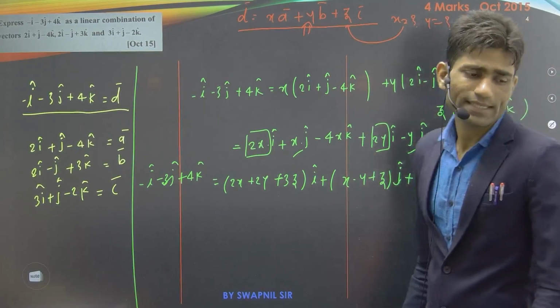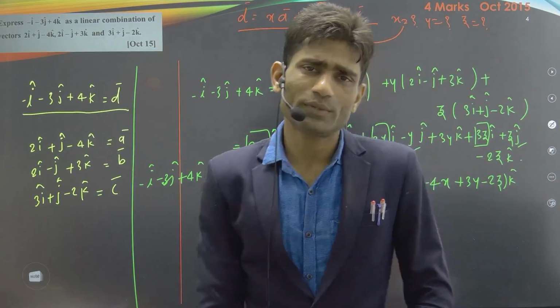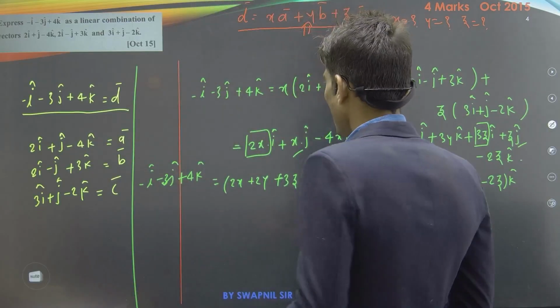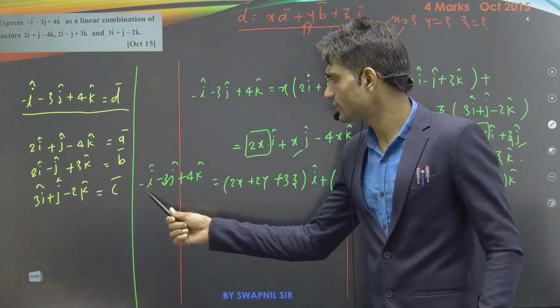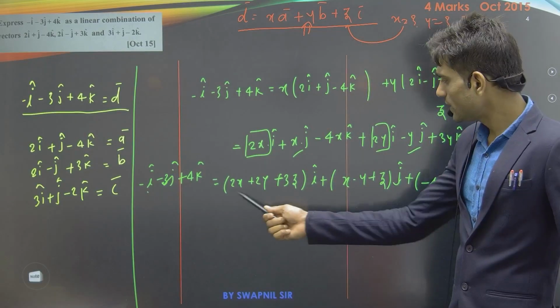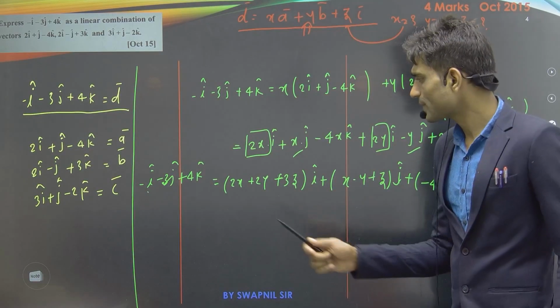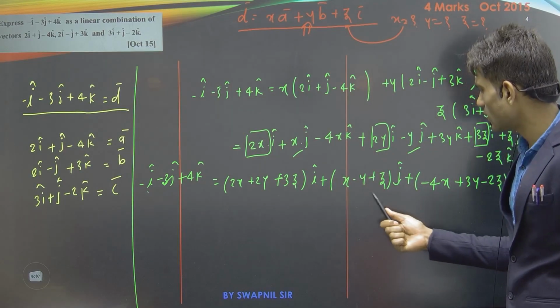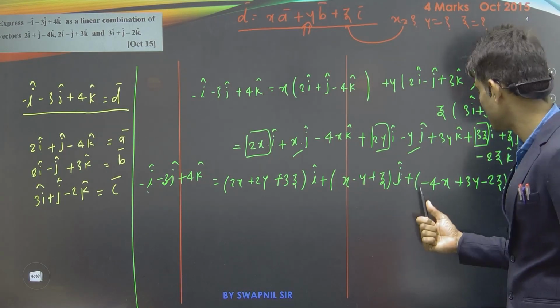Now see that I have written a linear combination of three vectors as another one vector. As we can observe here, the first is the bracket multiplied by i cap. Similarly, the second vector is the equation of j cap, and similarly k cap here.